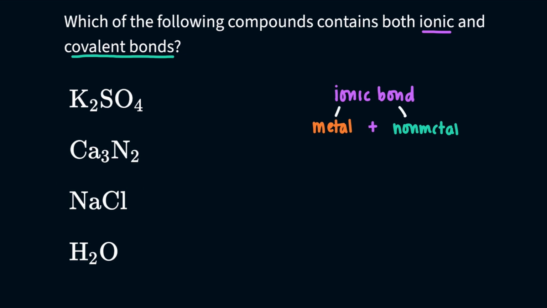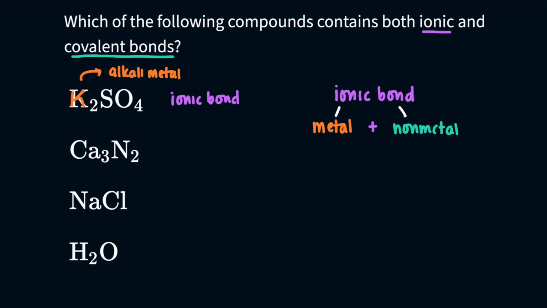Okay, so K₂SO₄: K, potassium, is one of your alkali metals. It's in group 1. So we definitely have at least an ionic bond for this one. We have calcium nitride.